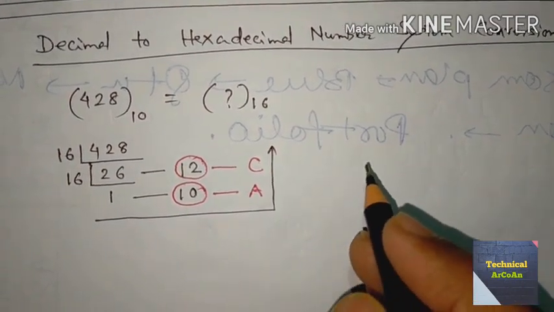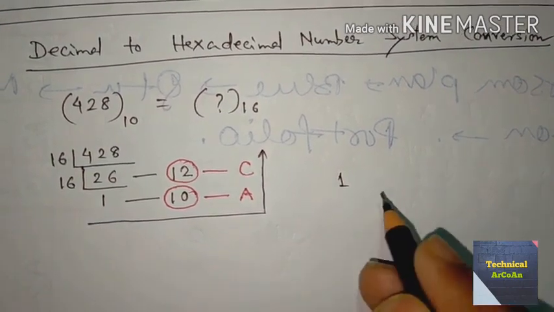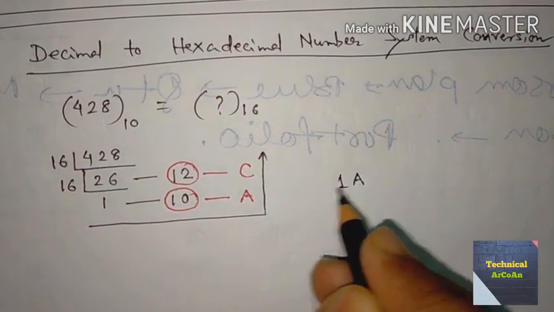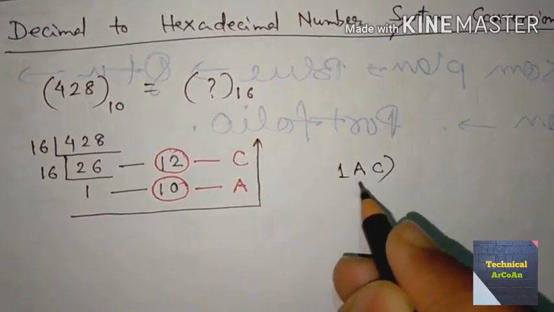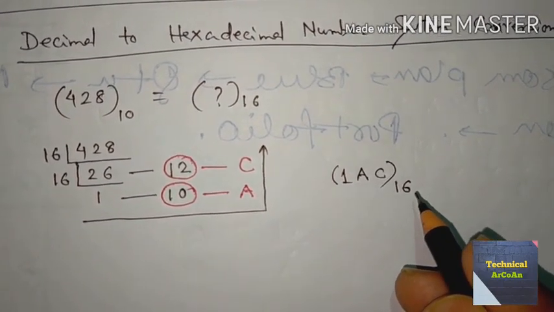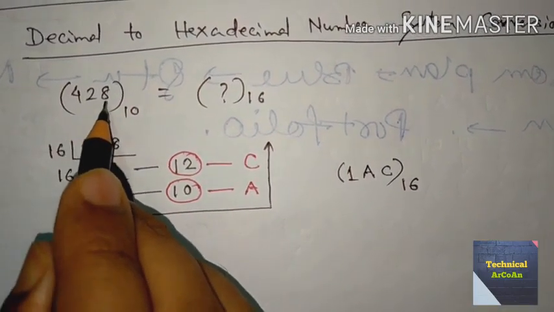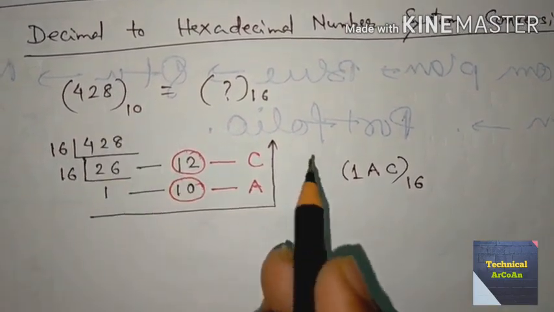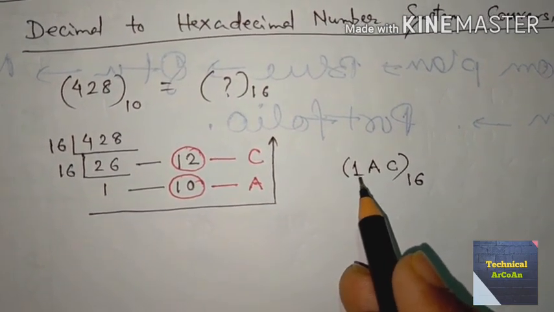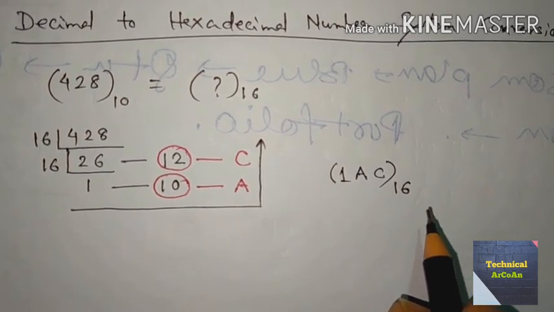So what will be the result? The result will be 1, because this 1 is the last quotient. Next we write A, and next we write C, and we put the base. The base is 16. So 428 in decimal, when converted, gives 1AC in hexadecimal, and the base should be 16.